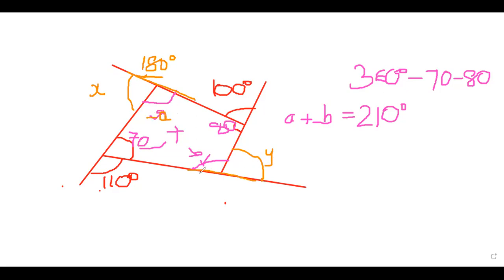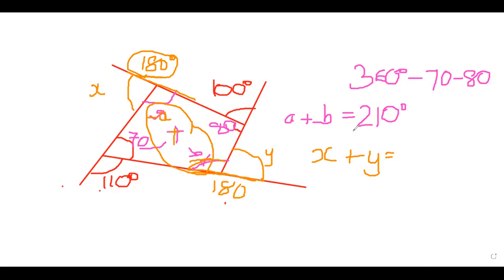If I want to find Y, I must take 180 minus B. So if I want to find X plus Y, there are two straight lines here, that is 360, and I have to minus A and minus B. But I know A plus B is 210.